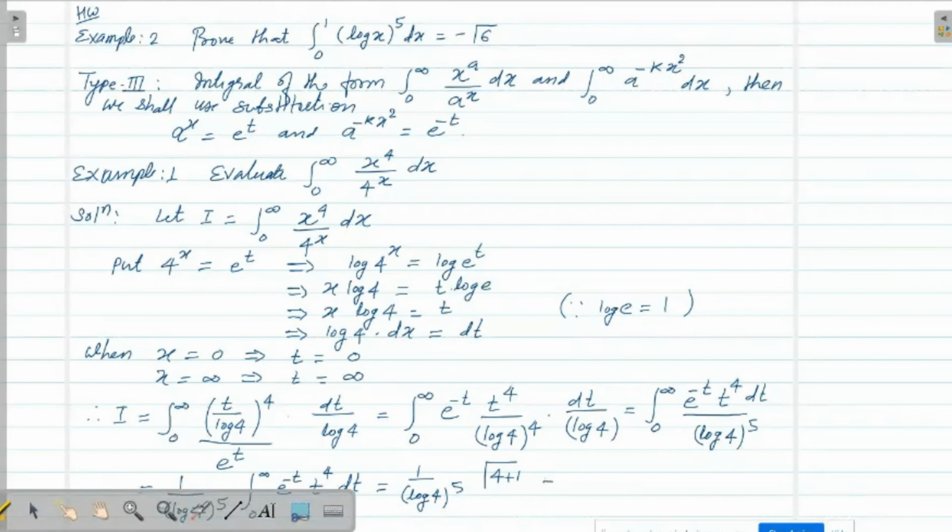If you simplify this, you will get gamma of 5 by log 4 to the power 5. So this is your answer. I hope you understood this kind of problem. Yes or no? Yes, sir. Okay, very simple.